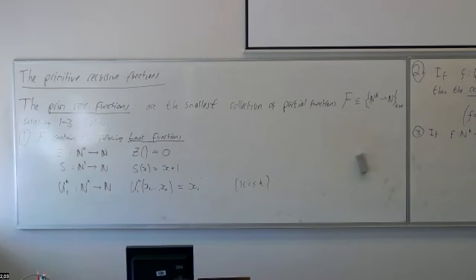It's very hard to do fonts on a whiteboard, but in the notes it's sans serif R. So that's a sans serif R. So R f g is a function in k plus 1 arguments.